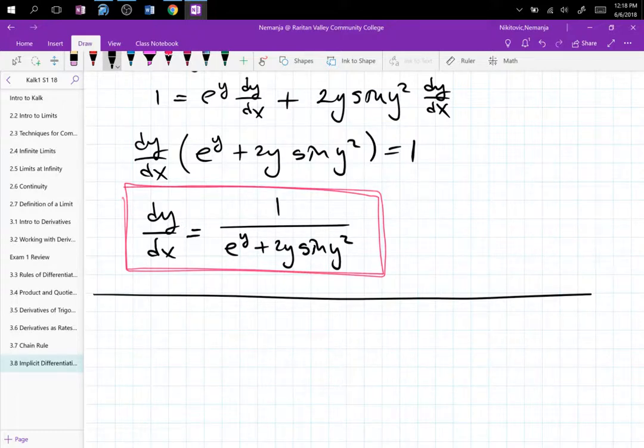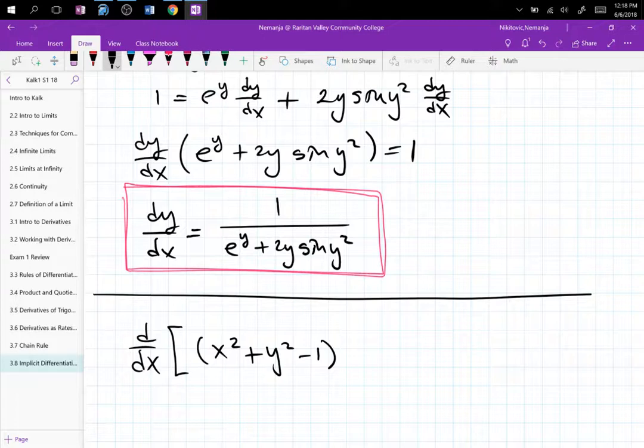All right. Find the derivative for, open parenthesis, x squared plus y squared minus 1, everything cubed, minus x squared y cubed equal to 0.